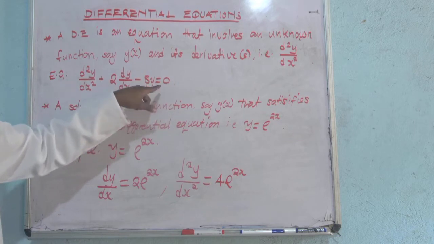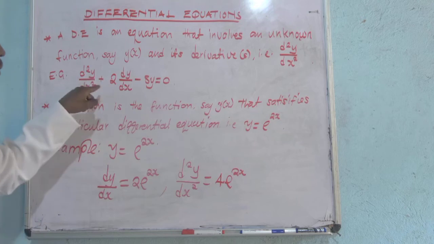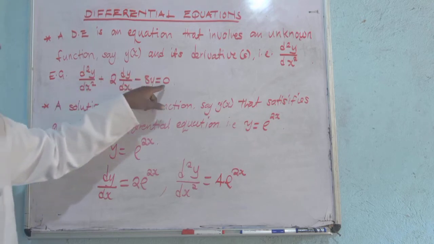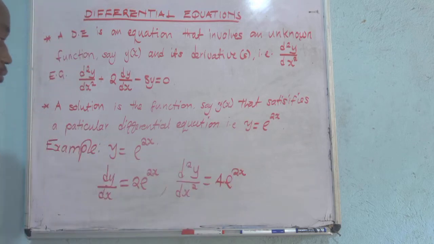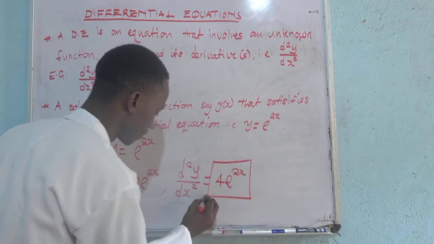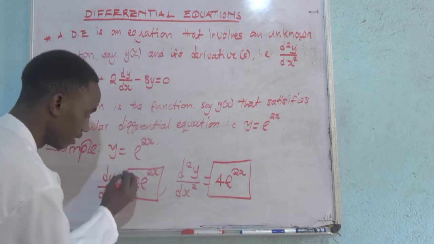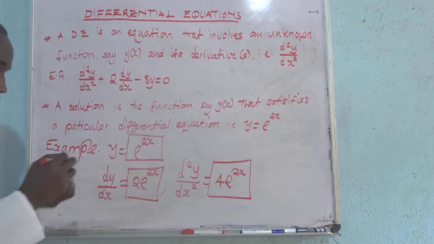If it is not equal to 0, then the function y is not the solution to this differential equation. But if you get 0, then the function y is the solution. So let's get our second derivative, the first derivative, and the function y and plug them in.